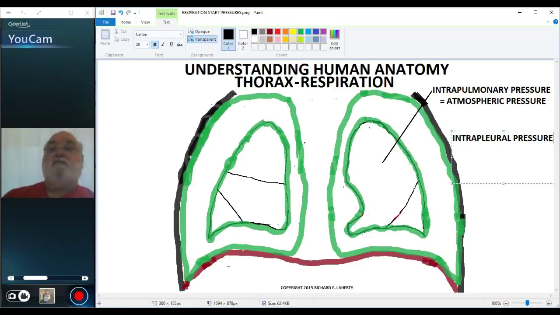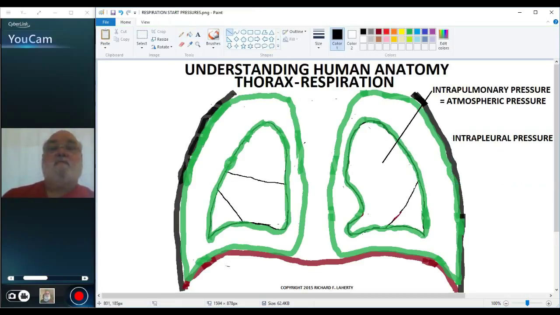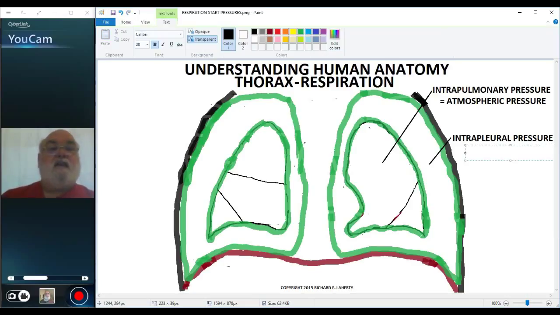So the pressure here, and remember I've exaggerated the size of the space, but if you measure the pressure in here, it is the intrapleural pressure, and the intrapleural pressure is slightly less than atmospheric pressure.